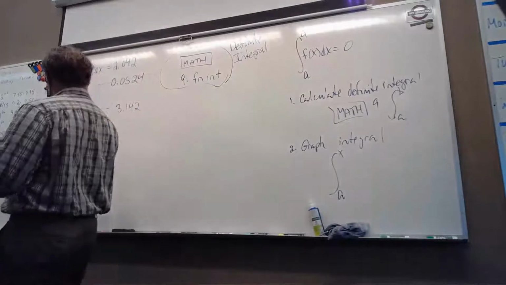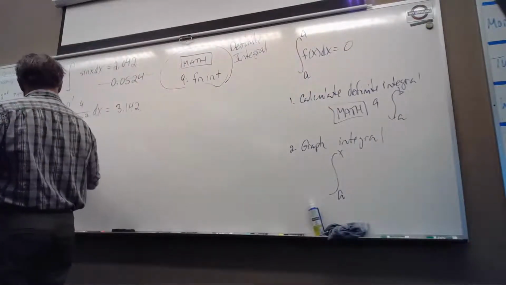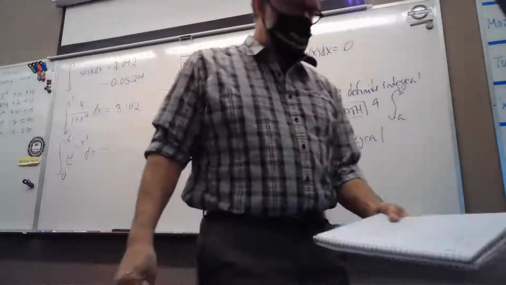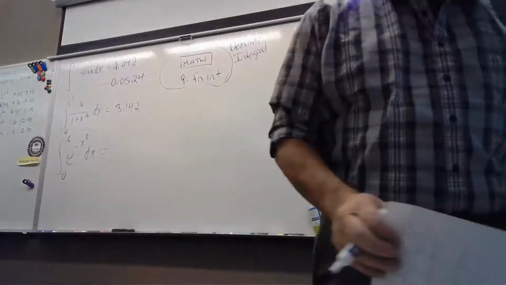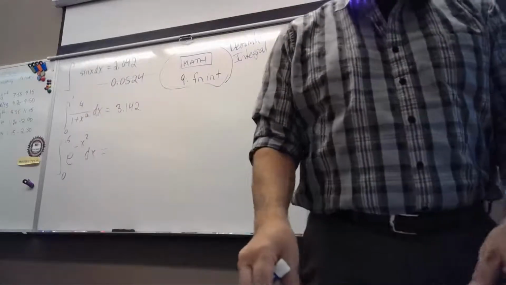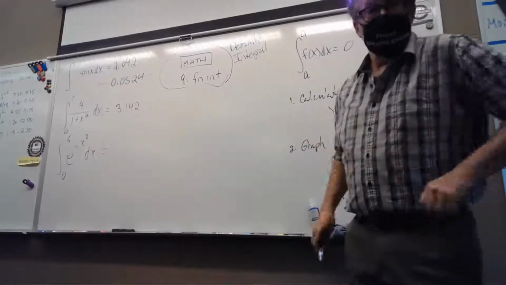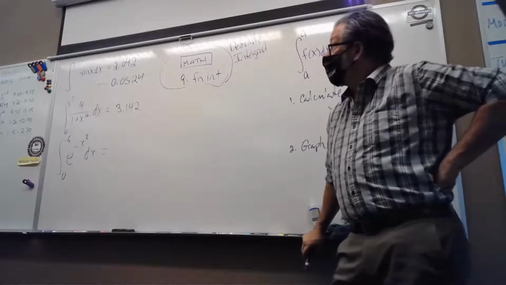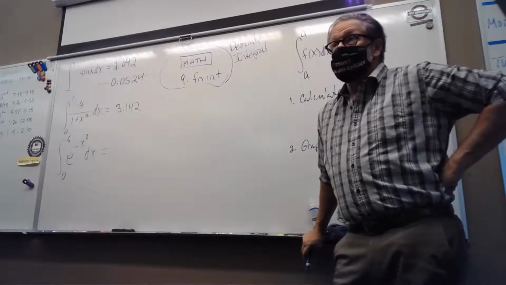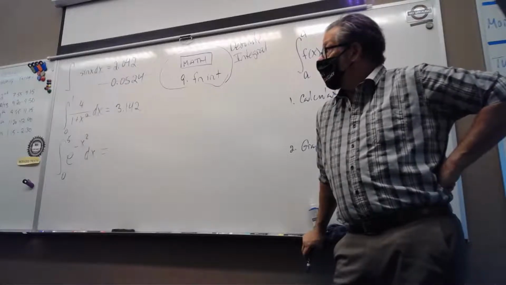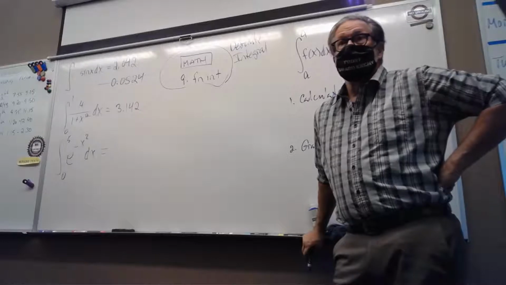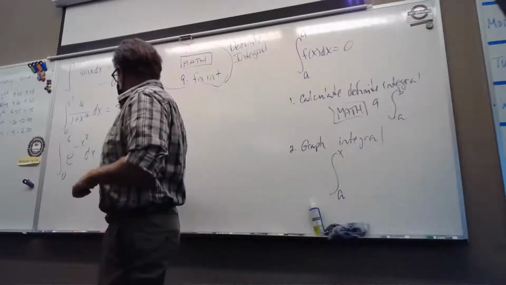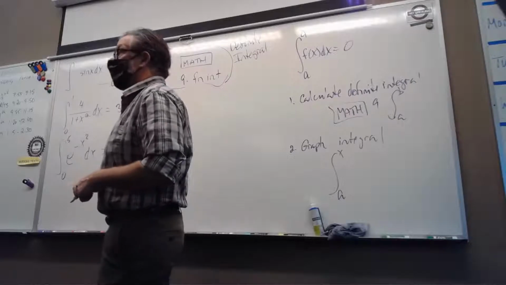How about the integral from 0 to 5 of e to the negative x squared dx? Go. Andrew? I got 0.886. Do you agree?